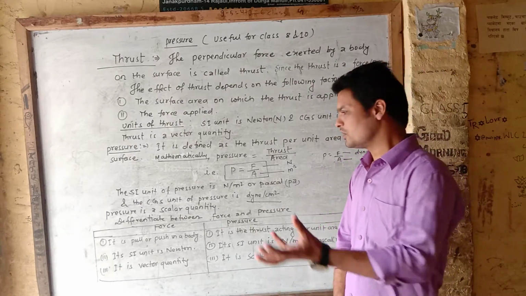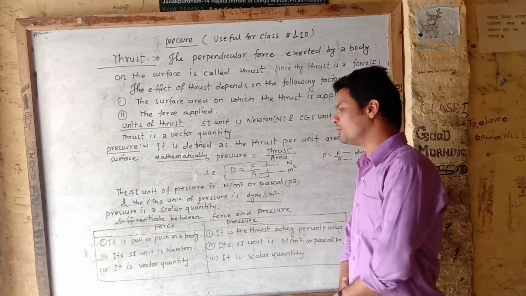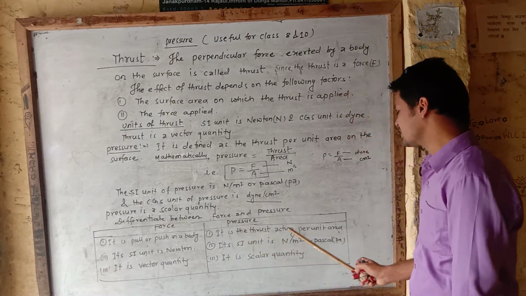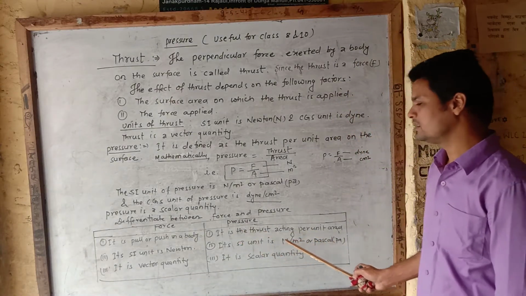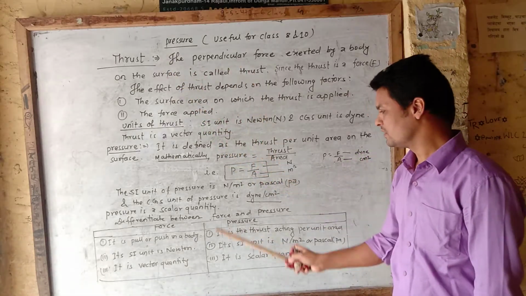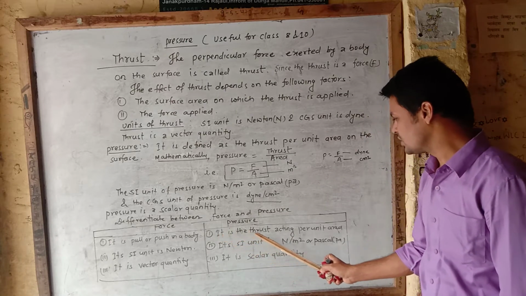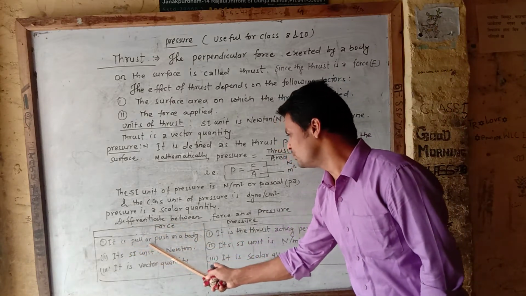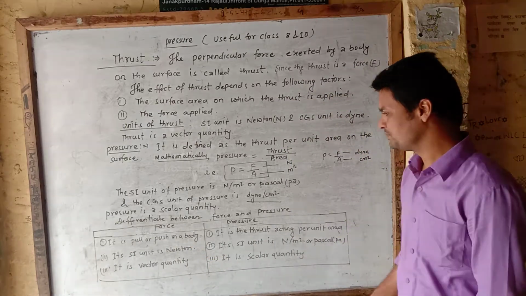Similarly, you can say the pull or push in a body is called the force, and pressure is the thrust acting per unit area.